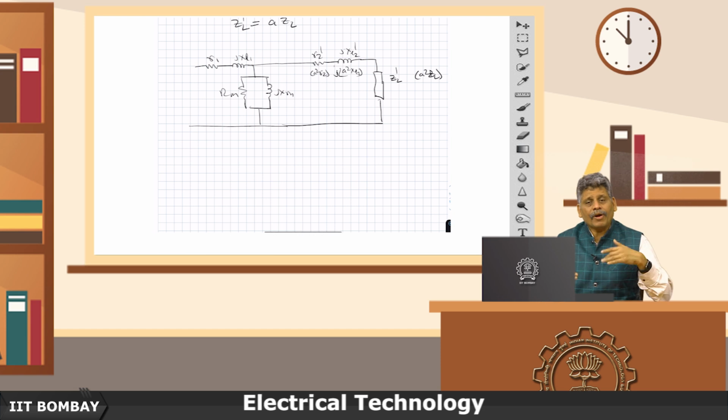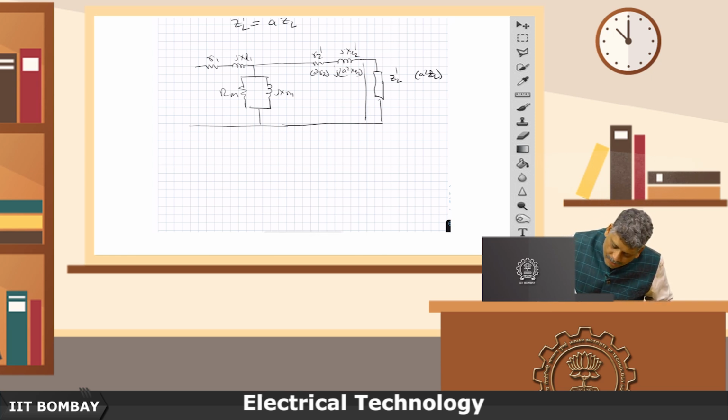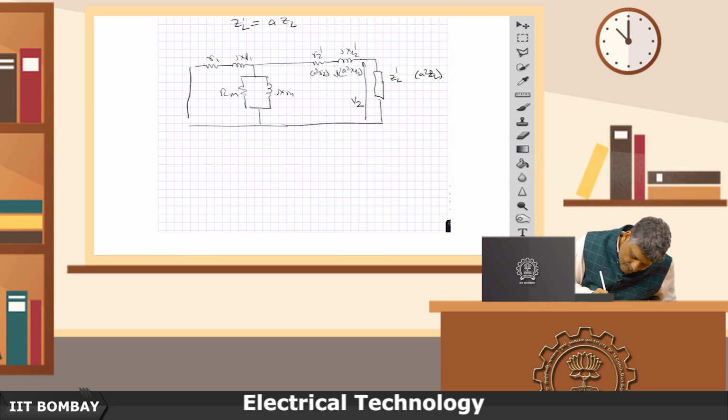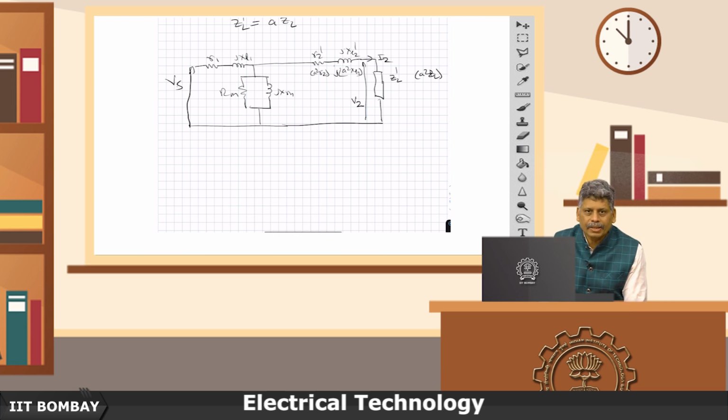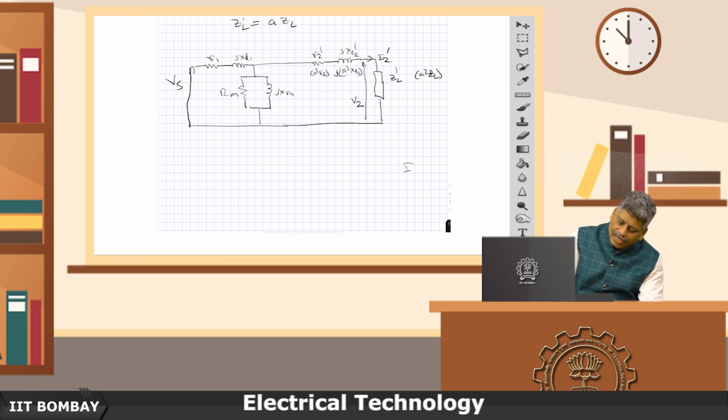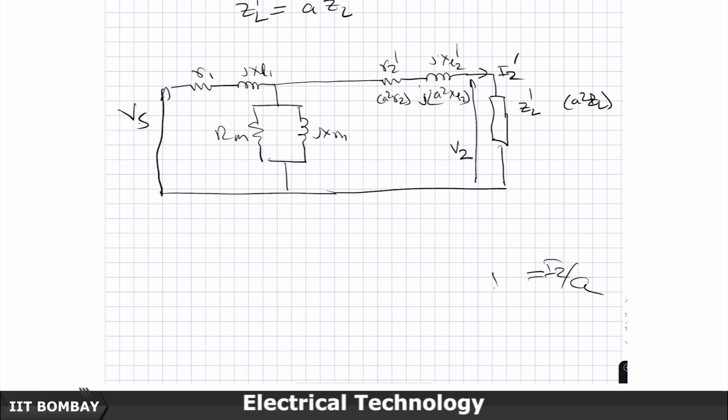So, the power factor depends predominantly on the power factor of the load. This is where your supply terminals are, this is where your supply Vs is, and the power factor is the ratio of this voltage by this current I2 dash. Now, the current is also I2 by A when I refer it to primary, which is I2 dash.